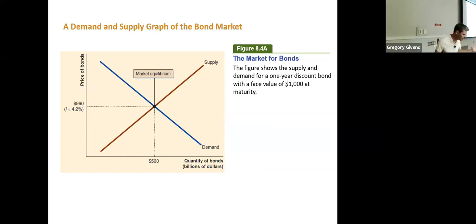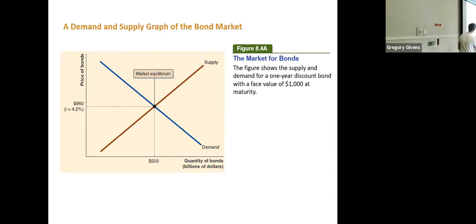All right, so let's work through this little example here. The figure actually illustrates the market for a one-year discount bond that has a face value of $1,000, and again, a one-year maturity, okay?